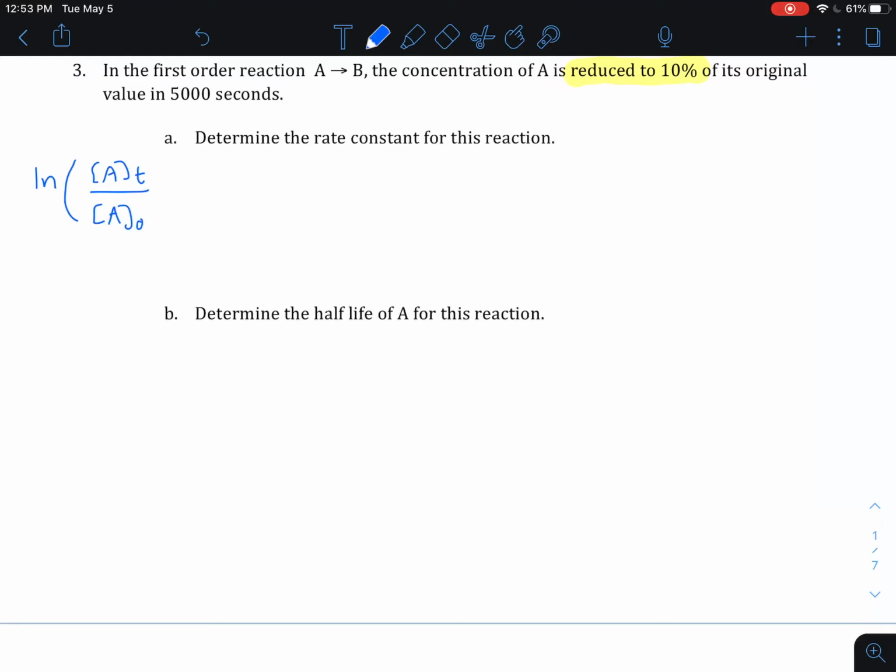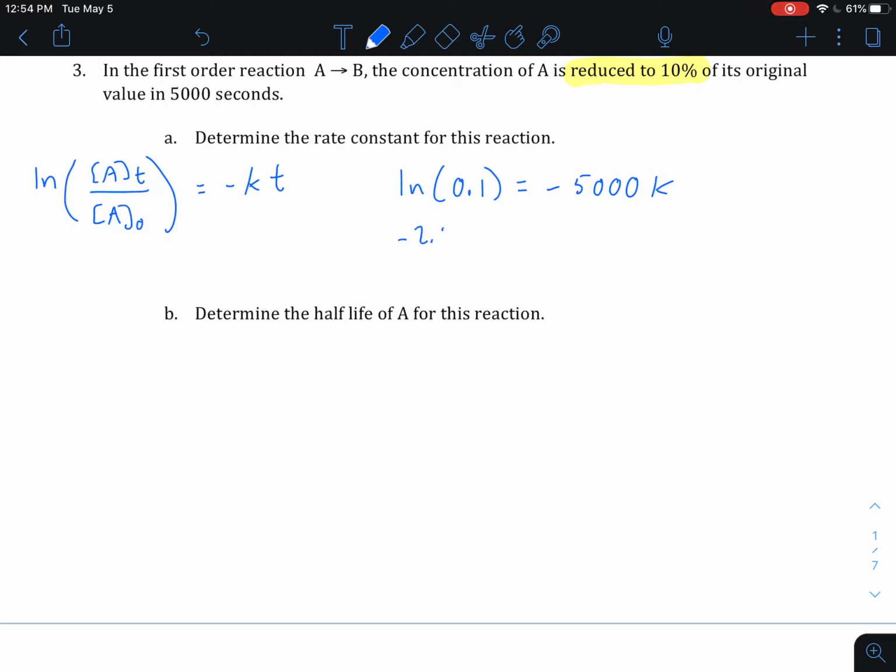So first order means natural log of the ratio of A at time t divided by A at time 0 equals negative kt. It tells us the time of 5,000 seconds, and it tells us the change in the concentration. So the reduced to 10% means I can replace the ratio of the concentrations by 0.1. So natural log 0.1 equals negative 5,000 k.